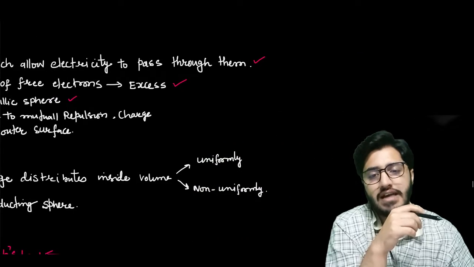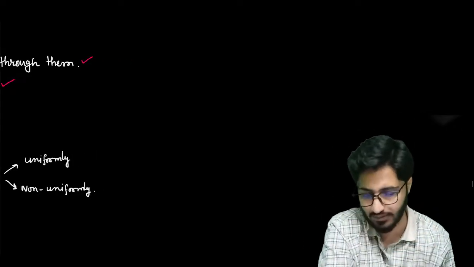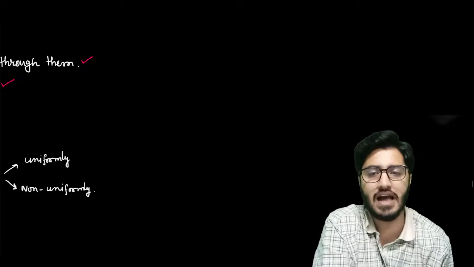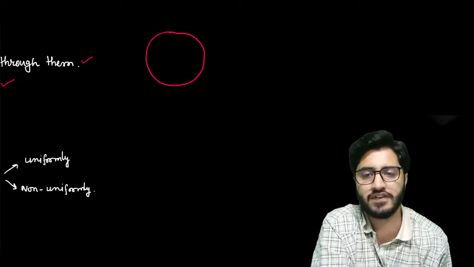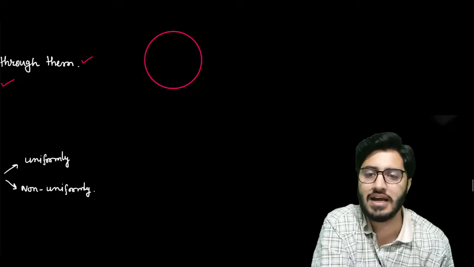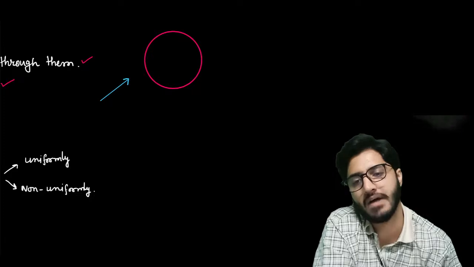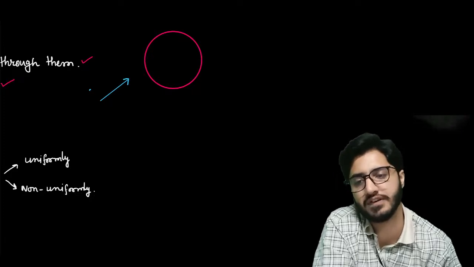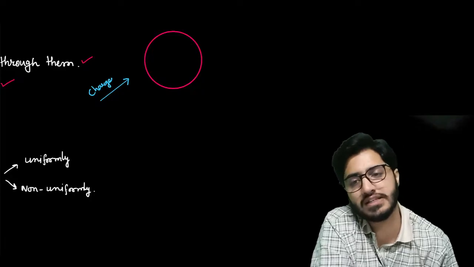Let's suppose we have a sphere like this. Look, this is my sphere, and I am giving a charge to the sphere. So the charge will be on the outer surface only.